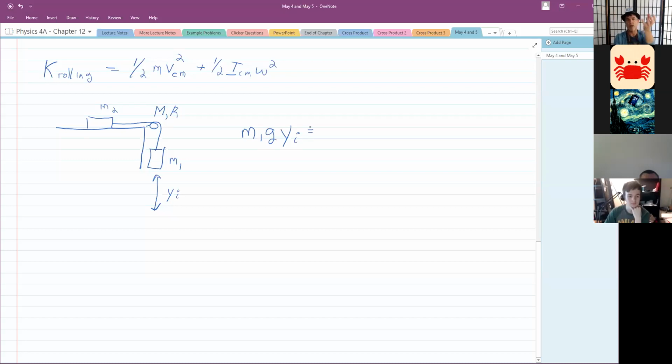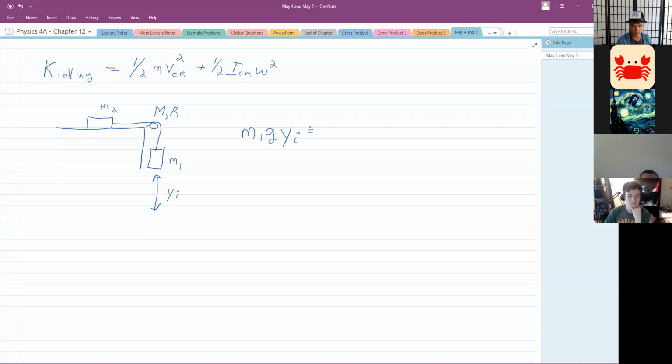Then right before mass 1 hits the ground, mass 1 is moving, mass 2 is moving, but the pulley is spinning. And now if we're considering pulleys that actually have mass, we're no longer considering massless pulleys. That rotating pulley has rotational kinetic energy. And so my final energy is going to be the kinetic energy of mass 1 plus the kinetic energy of mass 2 plus the rotational kinetic energy of the pulley.